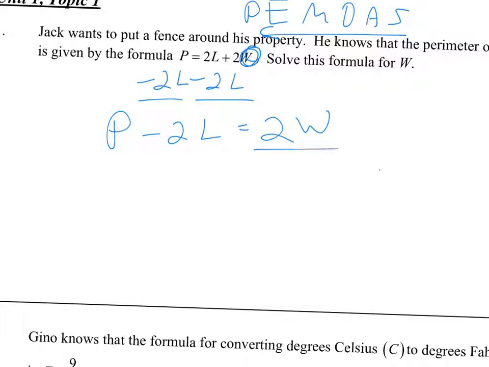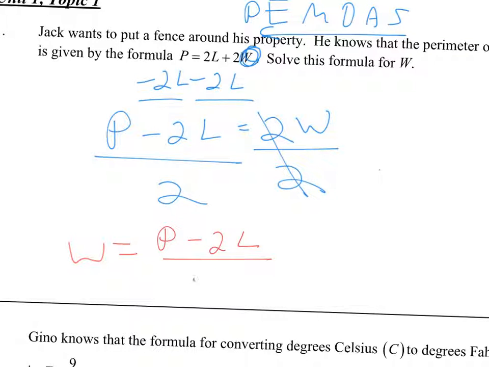Now we're going to divide everything by 2, because after we add or subtract, we're going to look for anything to multiply or divide away from the variable. And we've got our answer: W equals P minus 2L all over 2.